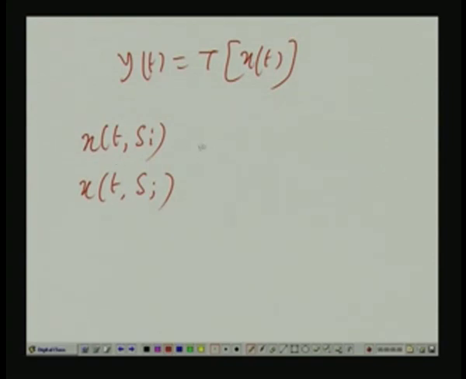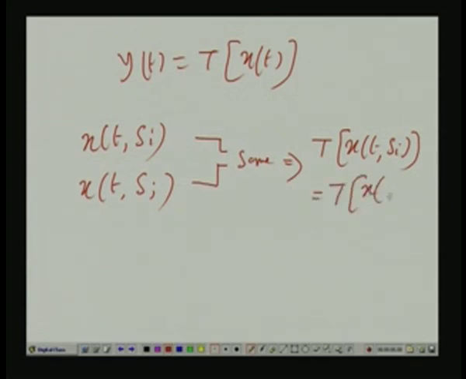In that case, if these two are the same, it implies T[x(t, s_i)] should be the same as T[x(t, s_j)]. That is, the system only looks at the time t; it does not look at the experimental outcome, it does not look at the s value.